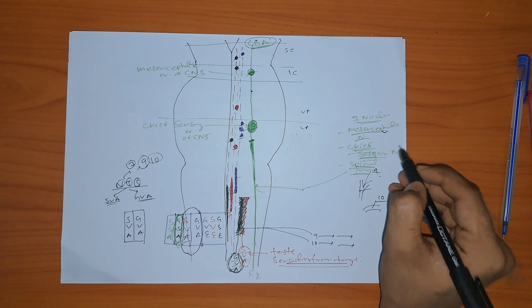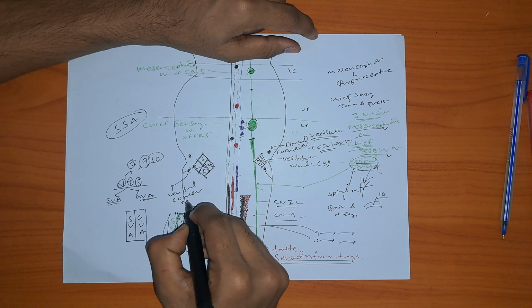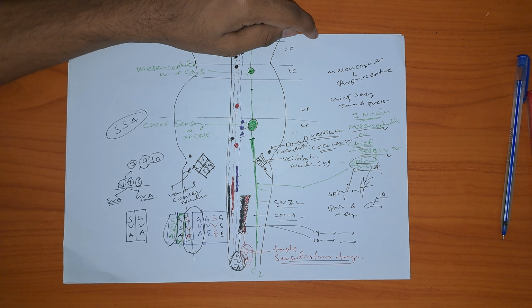So this right here is the dorsal cochlear nucleus, and this one here is the ventral cochlear nucleus.